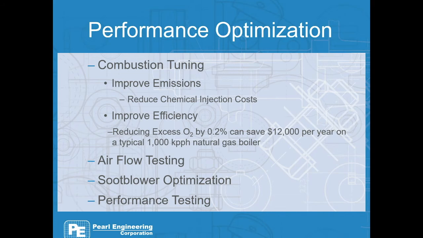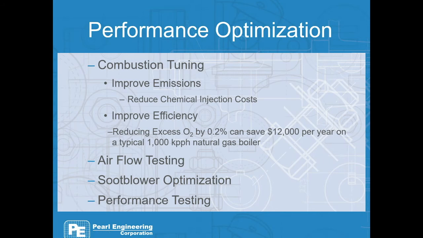And yes, $12,000 per year on a 1,000 kpph boiler isn't a whole lot of money, but over time it can add up. And if gas prices go up, your savings will also go up. The number doesn't look as good as it used to just because of the price of gas right now.